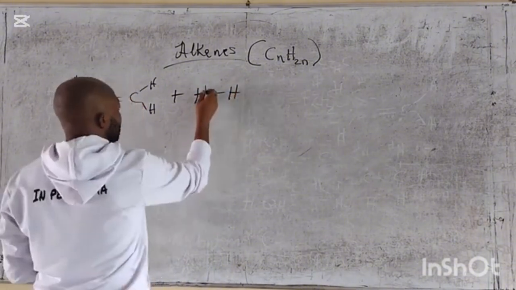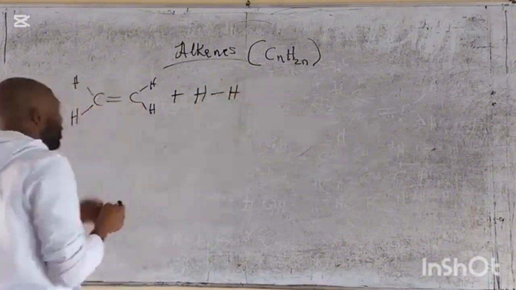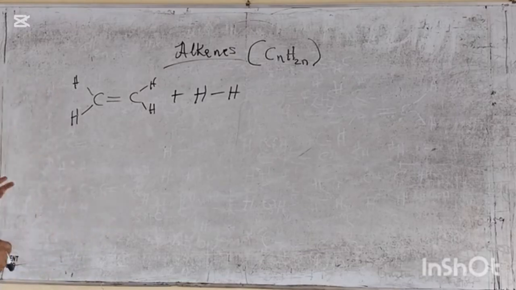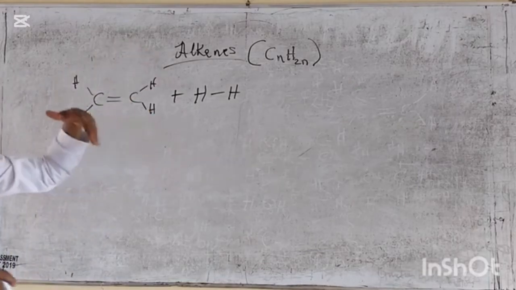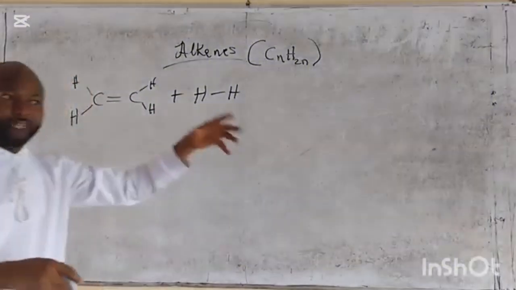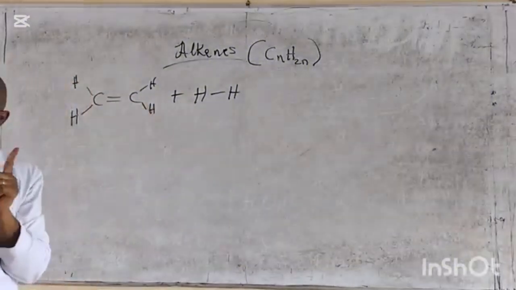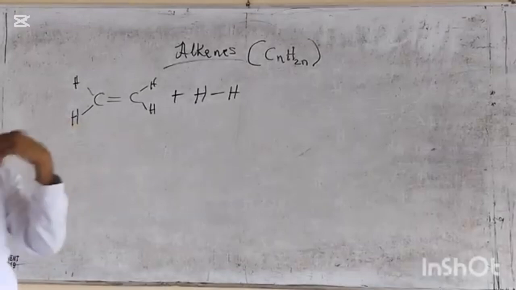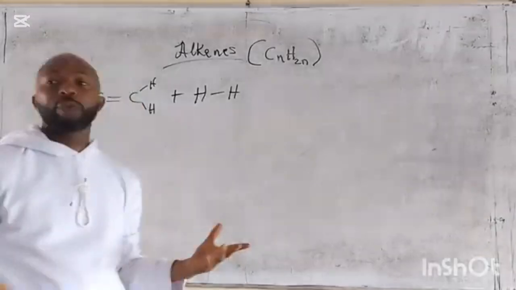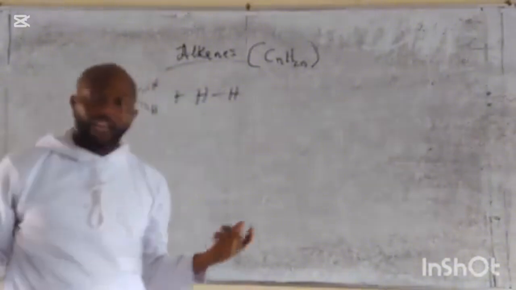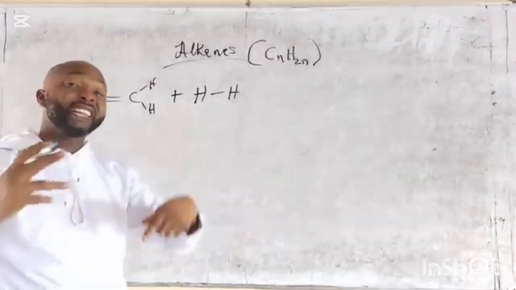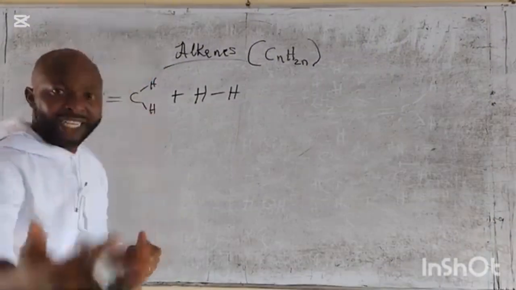So this is hydrogen molecule. Now, when an element gives out one of its electrons, it becomes short of one electron, so it becomes positively charged. And the one that gained the electron becomes negatively charged, having excess electron.